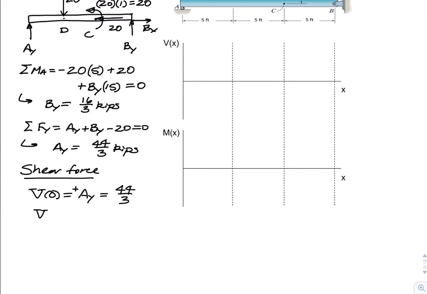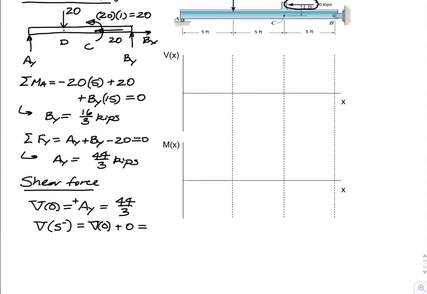The shear force at 5 feet, a little bit to the left of there, is what the shear force is on the left side, plus a 0, since there's no distributed load happening between A and D. So this simply is 44 thirds. There's going to be a jump there at D, so it's going to be what it was at 5 plus the minus 20.